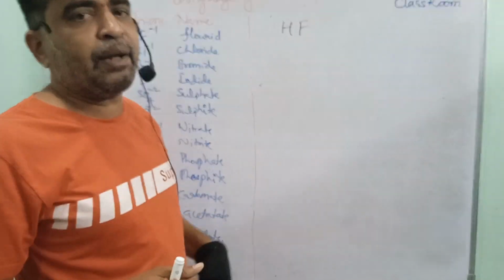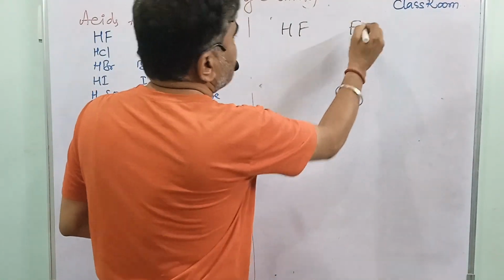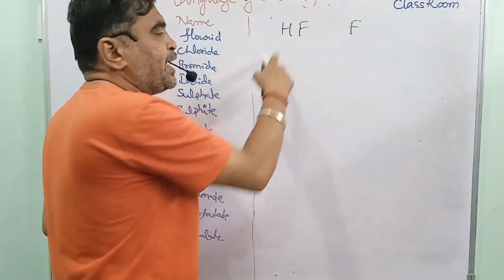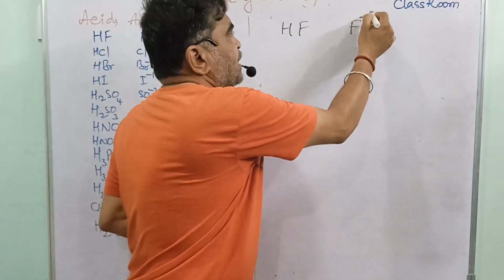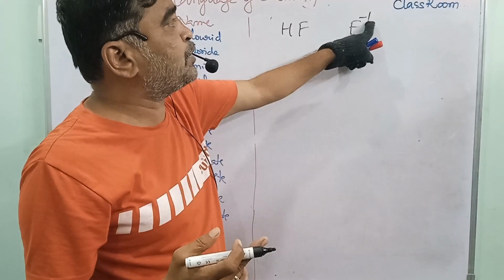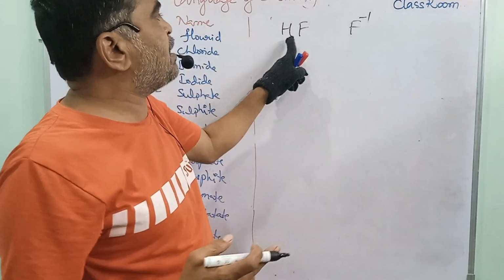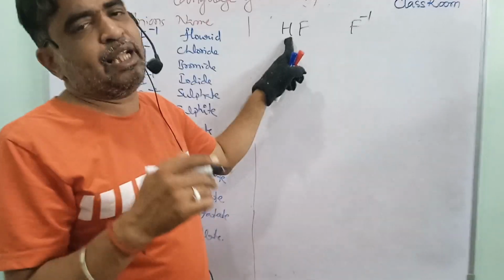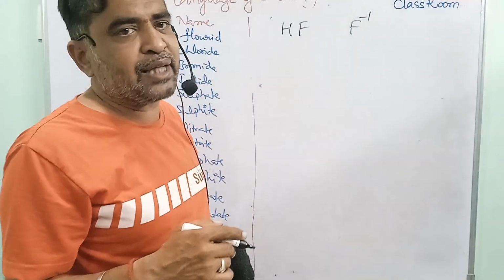What is remaining here? F is remaining. How many hydrogens are in that acid? Only one hydrogen. So what you get is a negative charge, because it is an anion. How much negative charge? Minus 1, because here you have only one H plus ion. So you get F minus 1.